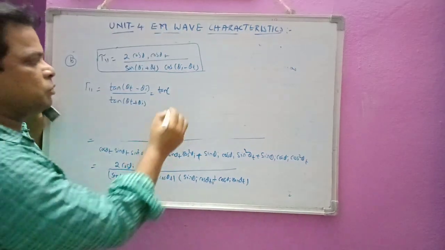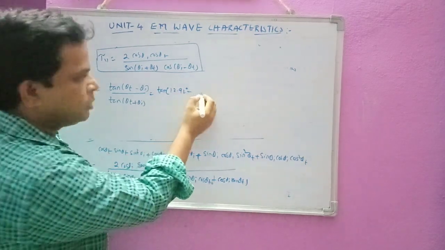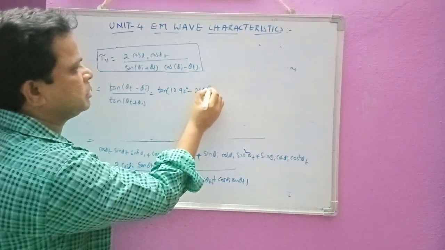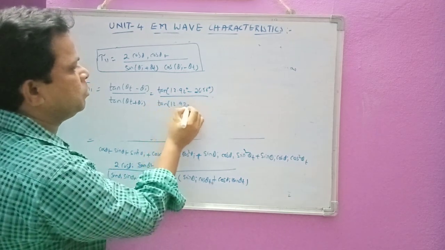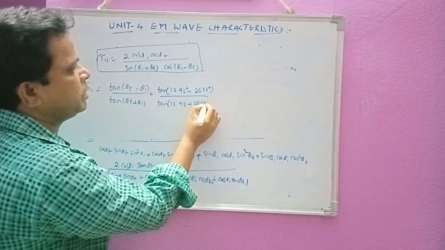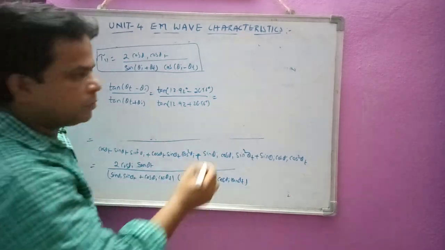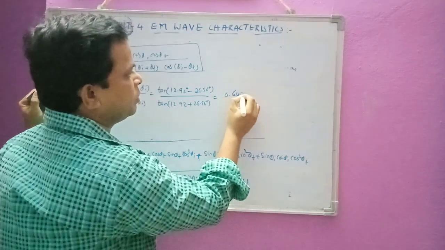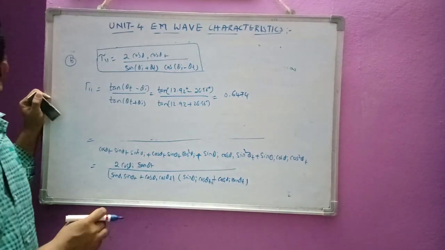Theta t is given as 12.92 degrees minus 26.56 degrees by tan of 12.92 plus 26.56 degrees. It will be equivalent to 0.6474 value.